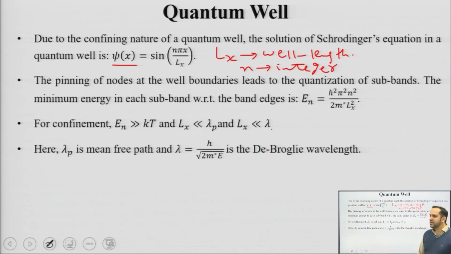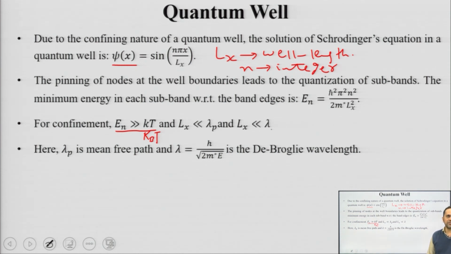For confinement, this energy has to be higher than k T. Now, this k is the Boltzmann constant, so I should rather write it as k B T, just to differentiate between the two. This is not your wave number, this is the Boltzmann constant.